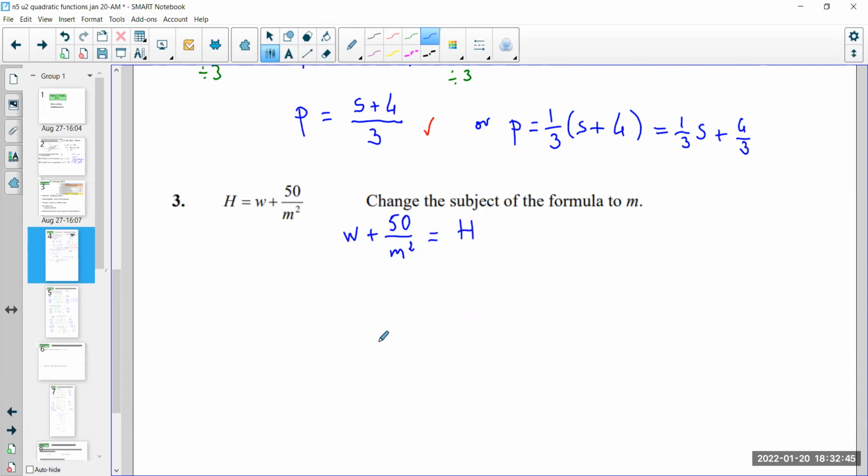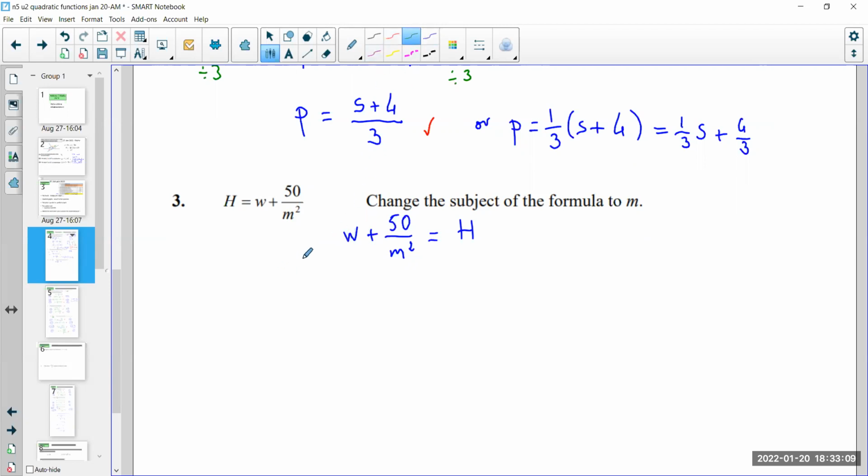So the first thing I need to do is to get rid of w, because I don't want w on the left there. Yeah. So to get rid of the w, remember w just means plus w, it's been added. What is the opposite of plus w? I'm going to take away w.